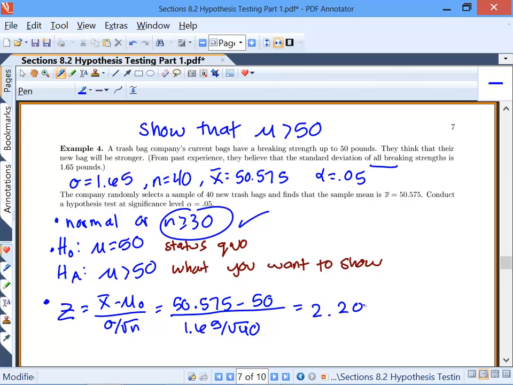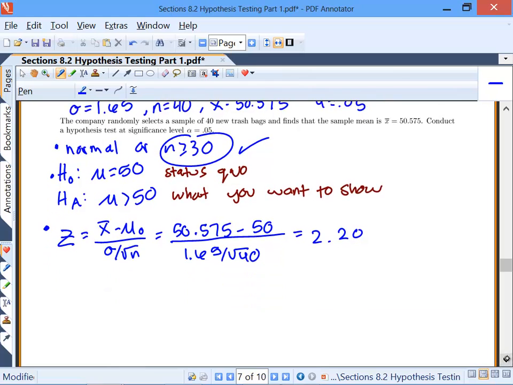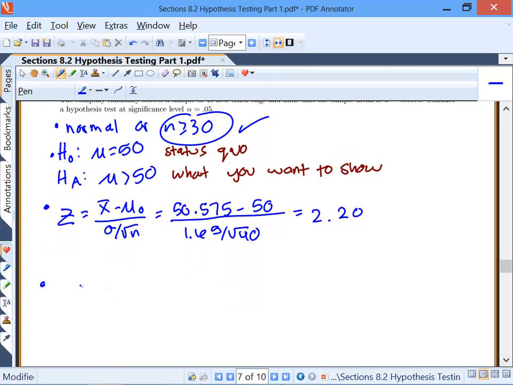That gives 2.20. So that was my test statistic.